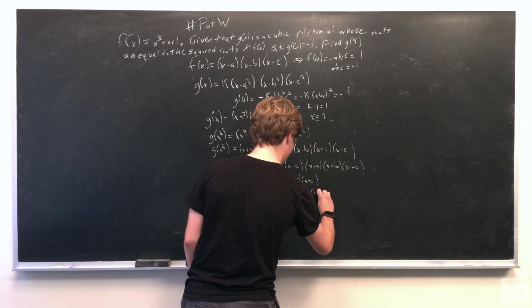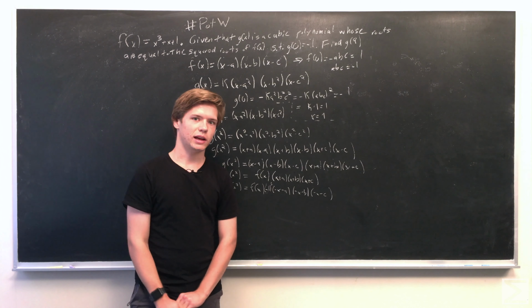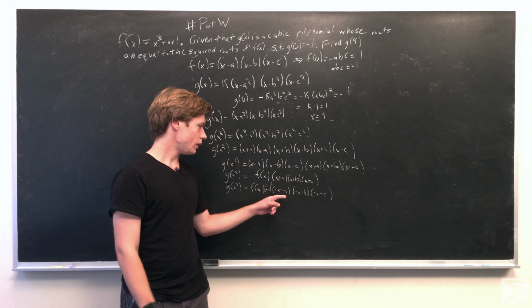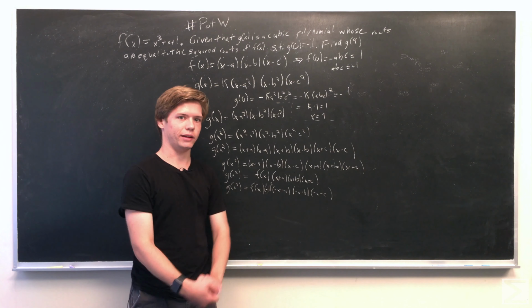So what we did here is we just pulled a -1 out of the last three terms. We find that g of x squared is equal to f of x times -1 cubed, times negative x minus a, times negative x minus b, times negative x minus c. So for the -1 cubed, we'll simplify that to just equal -1.